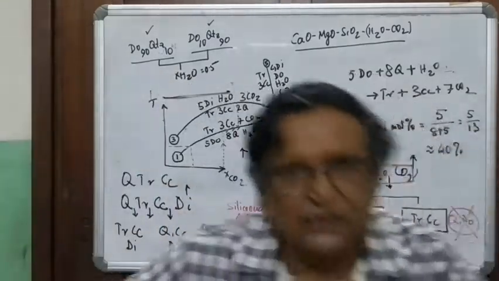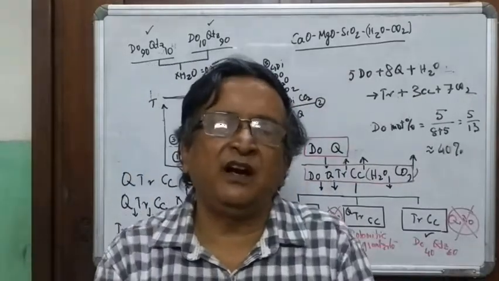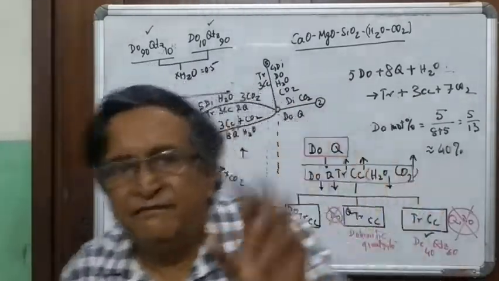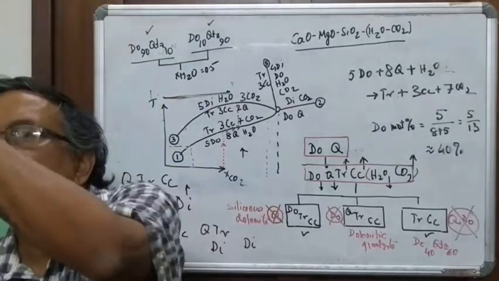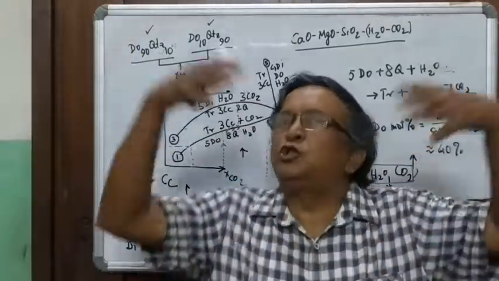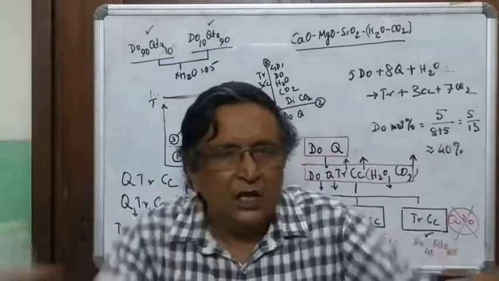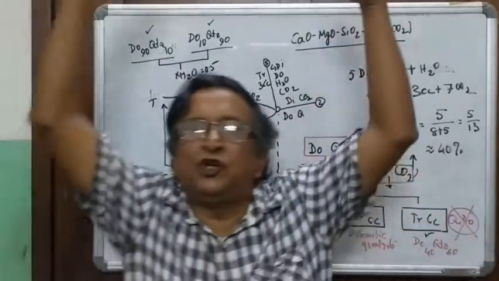And all of these variations are triggered by the variation in the bulk composition of the rock. And what controlled the bulk composition of the rock? The modal mineralogy of the initial rock.